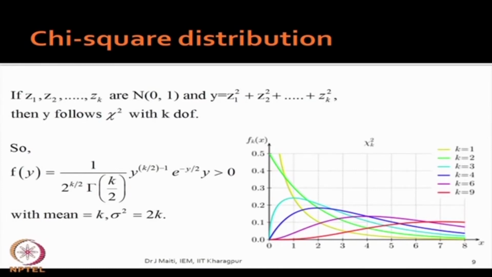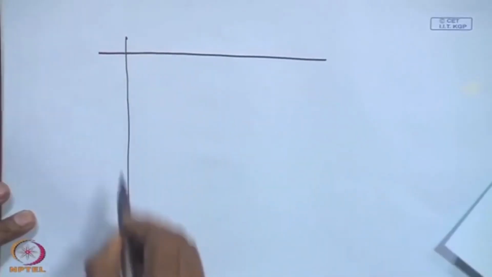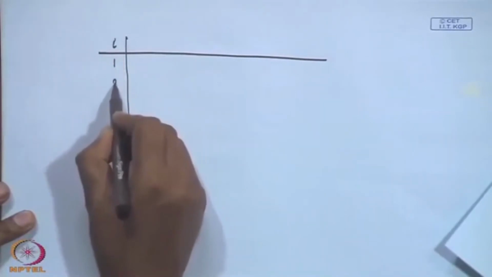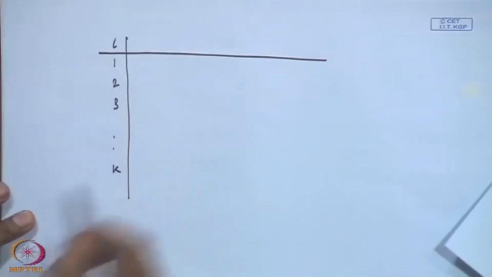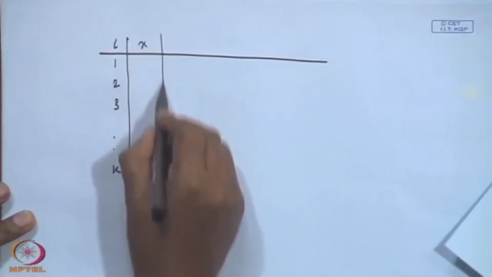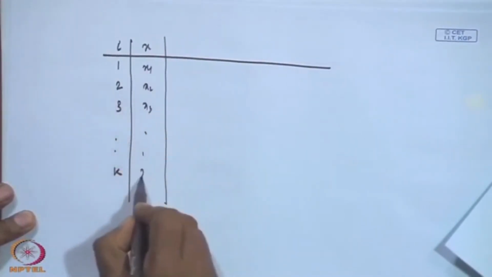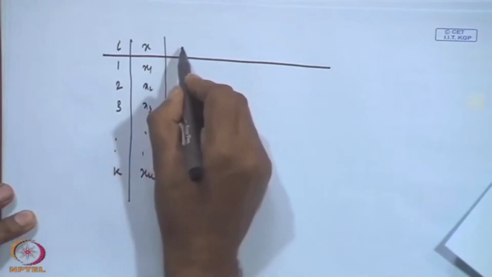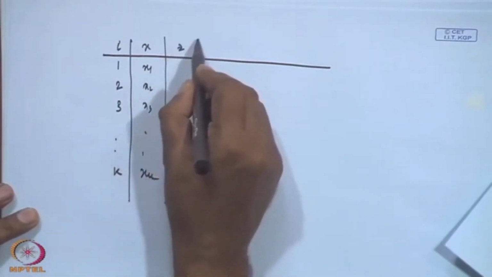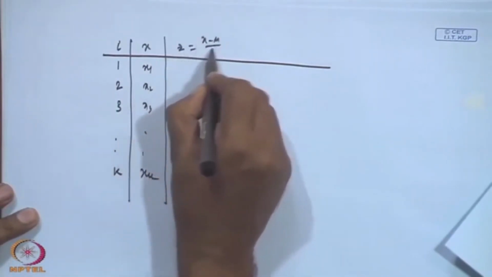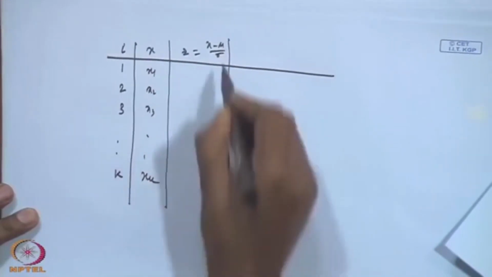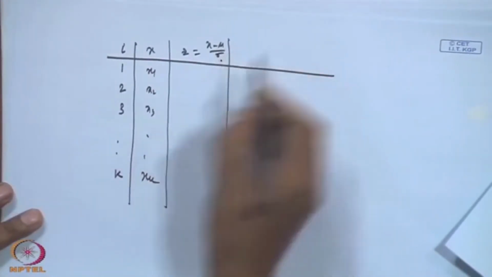What I mean to say here is, suppose you have collected k data points, 1, 2, 3, up to k, and you have x values x1, x2, x3, up to xk, and you know z equals x minus mu by sigma, assuming mu and sigma are population parameters.